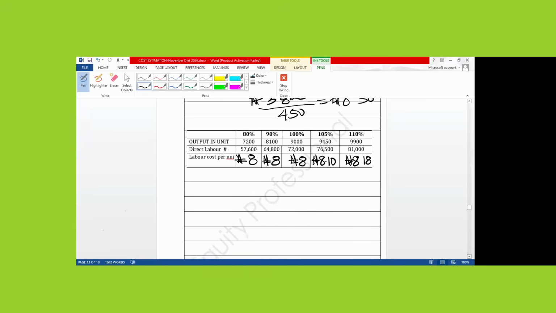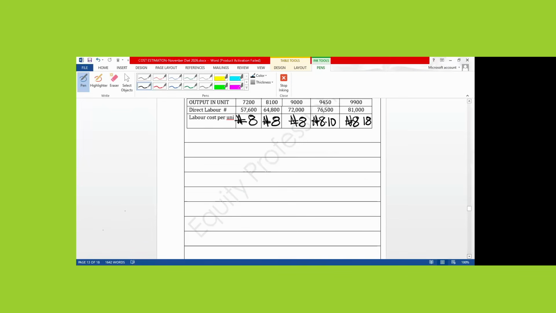If you have to comment here: when production is within 100% level, labor cost per unit is constant at 8 naira. Full stop.